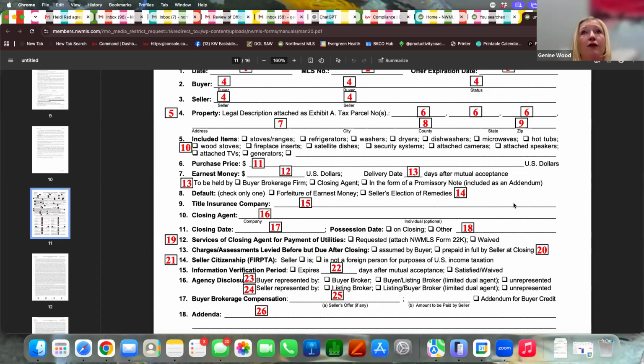Now, if you're in a multiple offer situation and you've given all of the risk to your buyer and they want to take no risk, so they want to have it tightened up as much as they can with contingencies, they may not win. And those are the things we'll discuss. But it's also our job with our buyers to tell them all of the risks. I don't know who I talked to earlier, but I said, this is what you're going to do. You are going to tell them the risk.